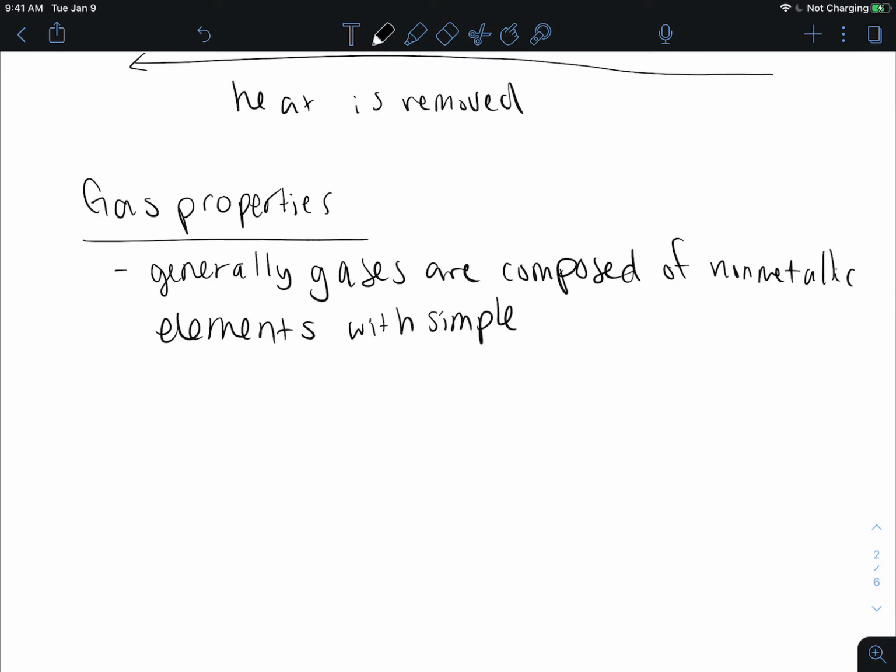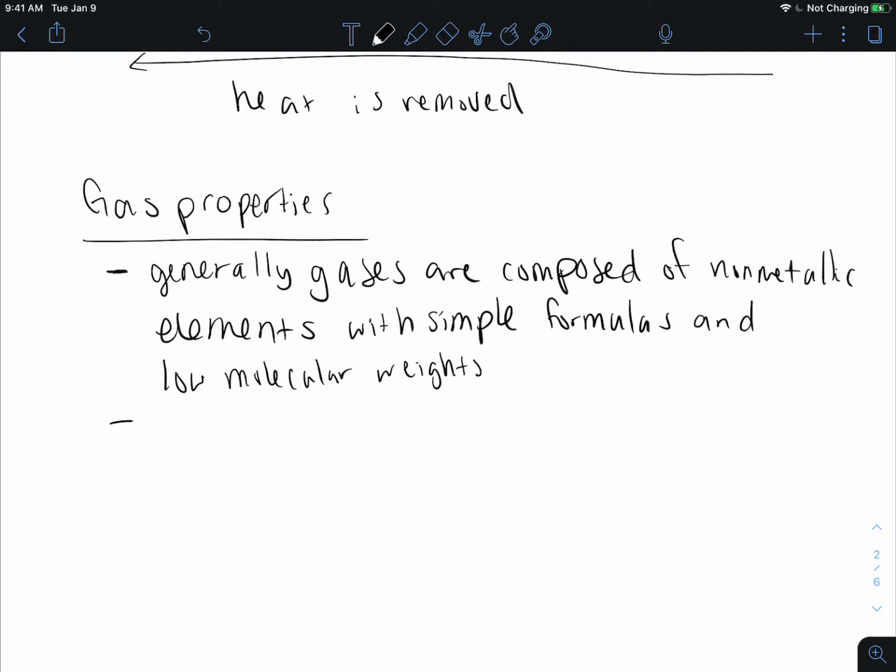Of course, you can always get anything to a gas if you add enough energy in, as long as it doesn't decompose. And low molecular weights allow it to actually go into the gaseous phase. If it's very, very heavy, it's not going to go into the gaseous phase very easily. And of course, when I'm talking about this, I'm talking about things that are normally gases at room temperature, not things that we had to add a lot of energy in to get to a gas.